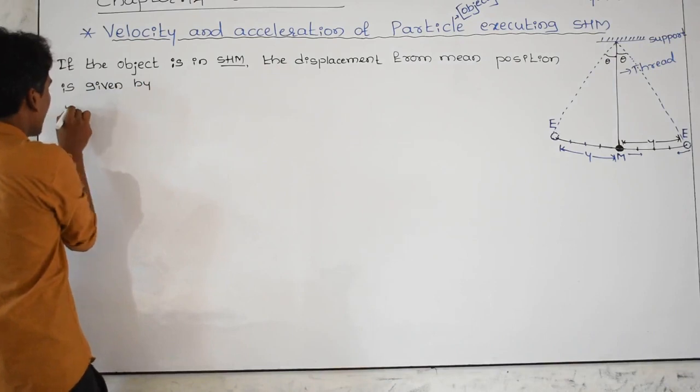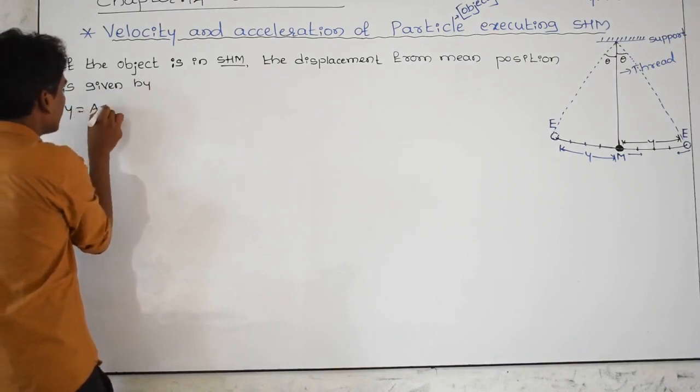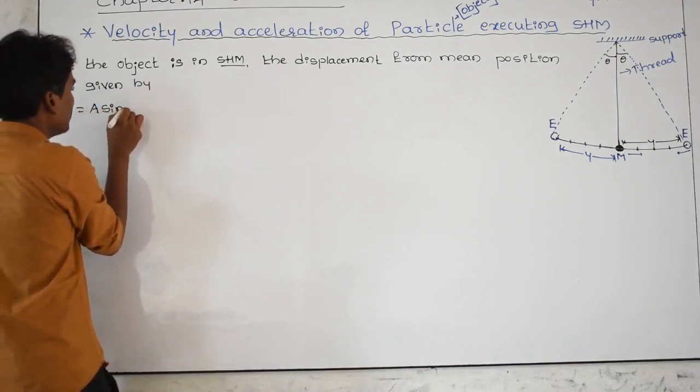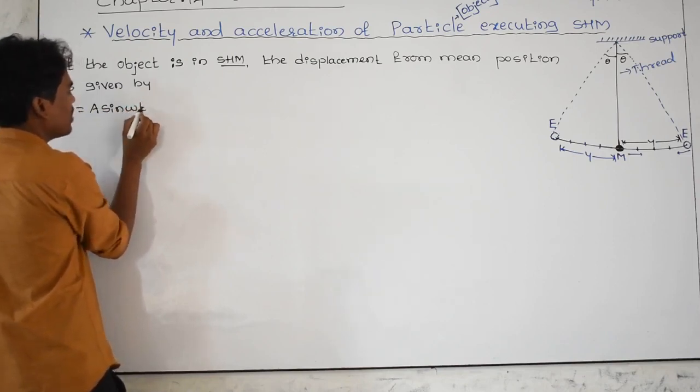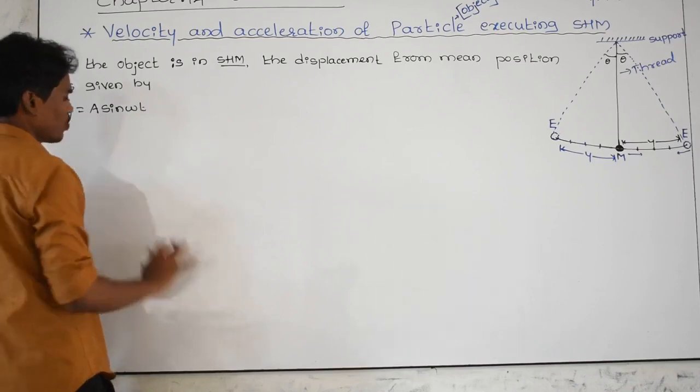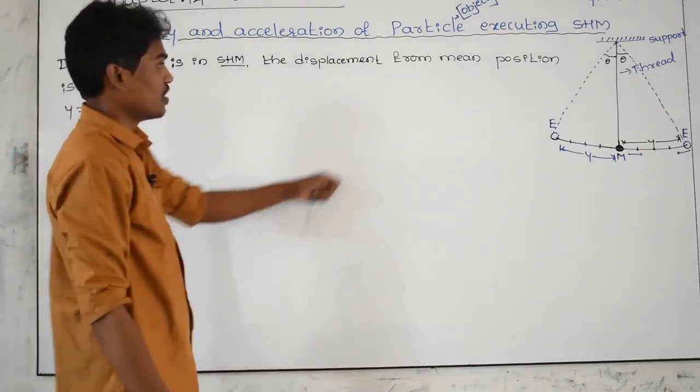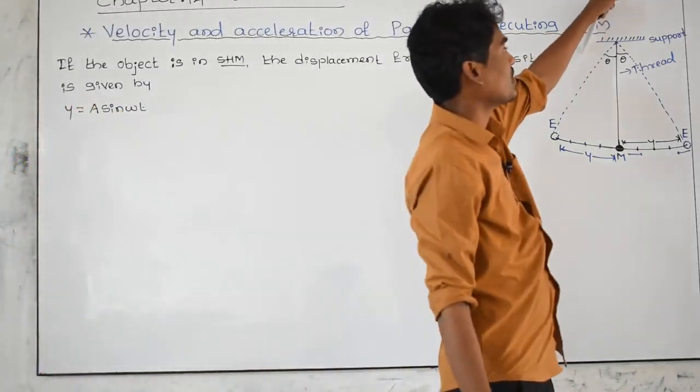That is y is equal to a into sine of omega into t. Omega is the angular frequency, and t is time. This is the formula. Among these two formulas, I have selected this one.